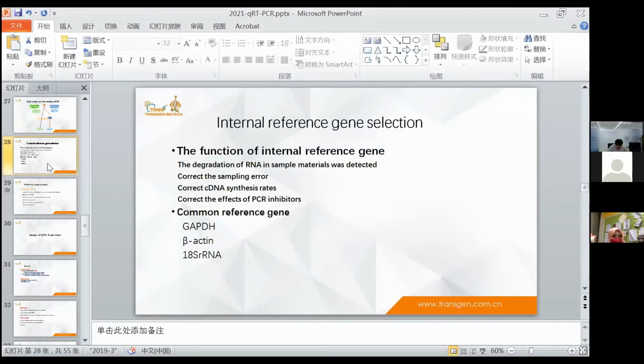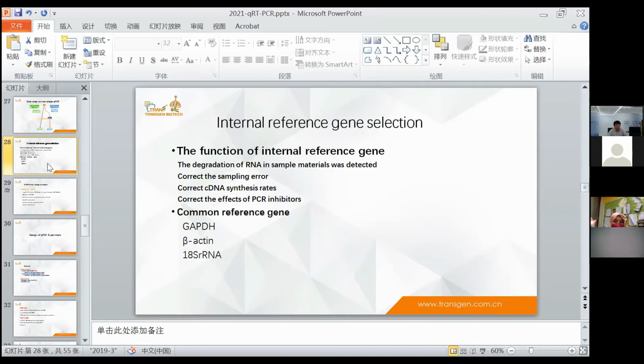The other one is whether this reference gene is species specific. Yes. Here I recommend GAPDH and the 18S RNA as mammal species specific. So if you detect human, mouse, rat, pig, you can use these genes. But also you have to choose the species sequence.